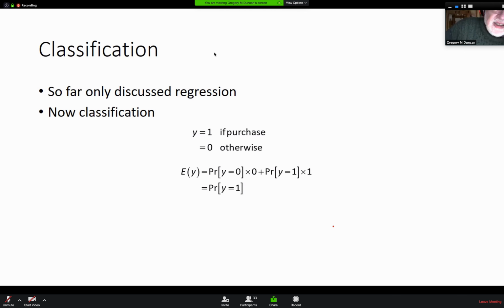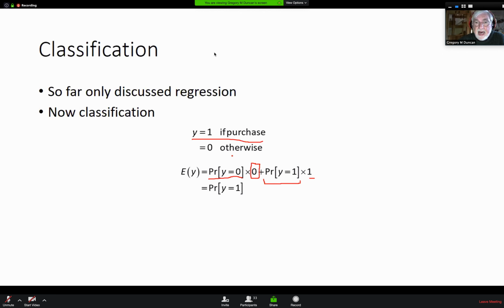What is the expected value of this dummy variable? Well, recall what an expected value is. You take the value of the random variable, multiply it by its probability, take the next value, multiply it by its probability, and keep doing that until you've exhausted all of the values and probabilities, and then you add them together.